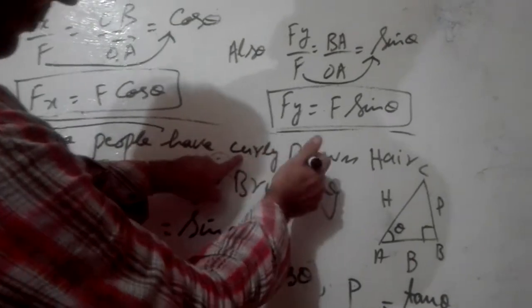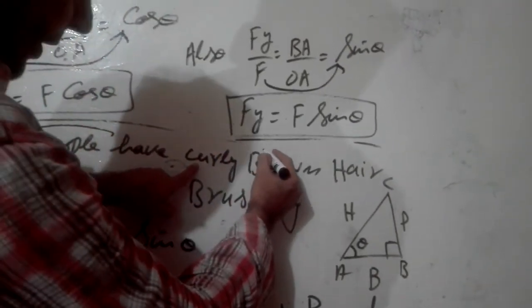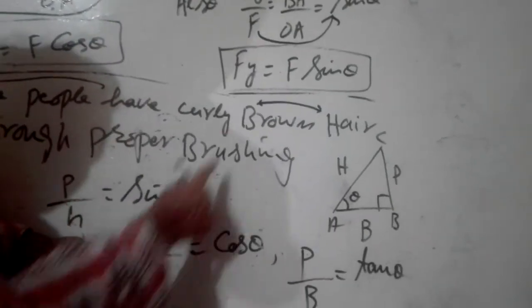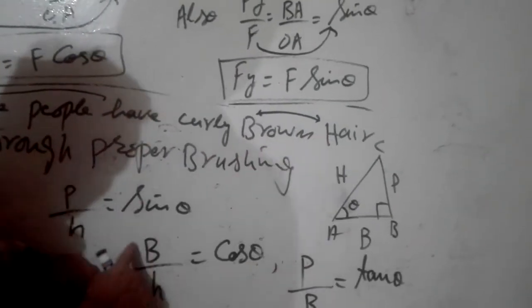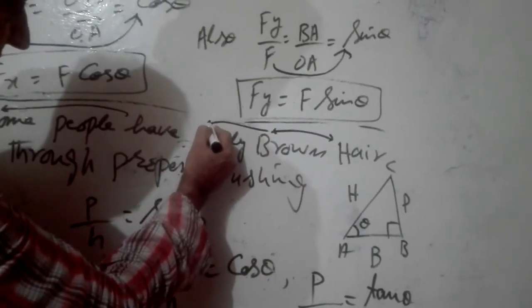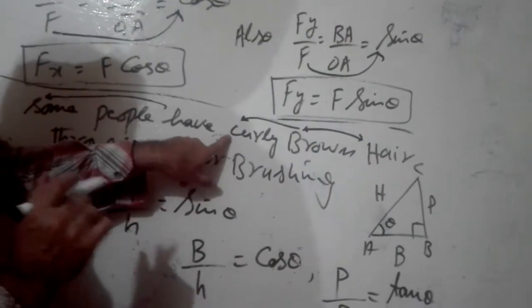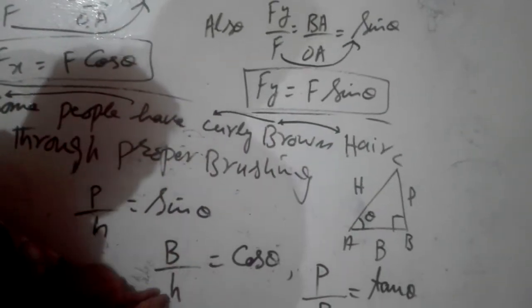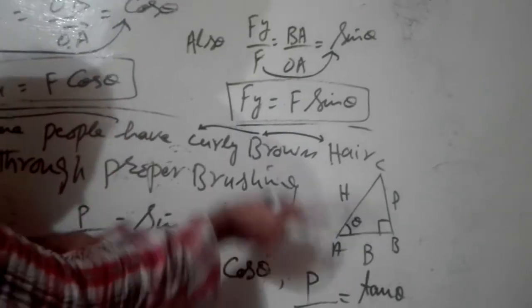Likewise, B over H: B for base, H for height, base over height. Come back with the first letter C, C for cos theta. So when you divide base over height, you always get cos of the angle, cos theta.